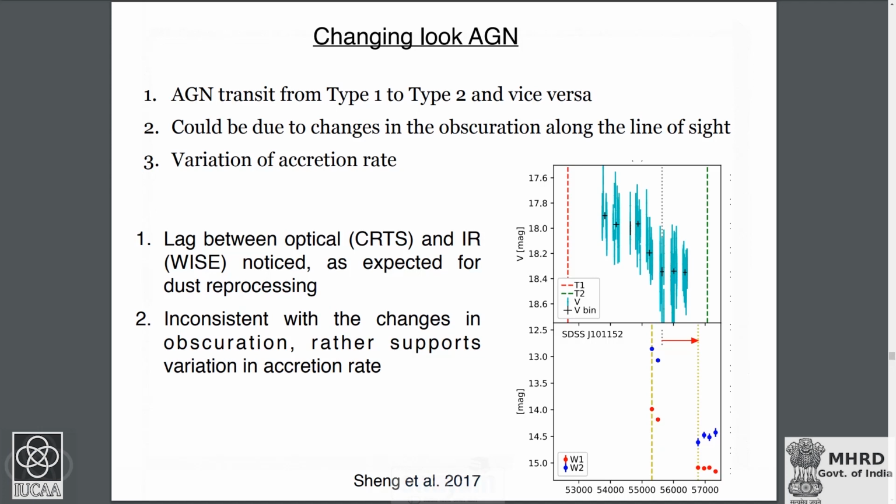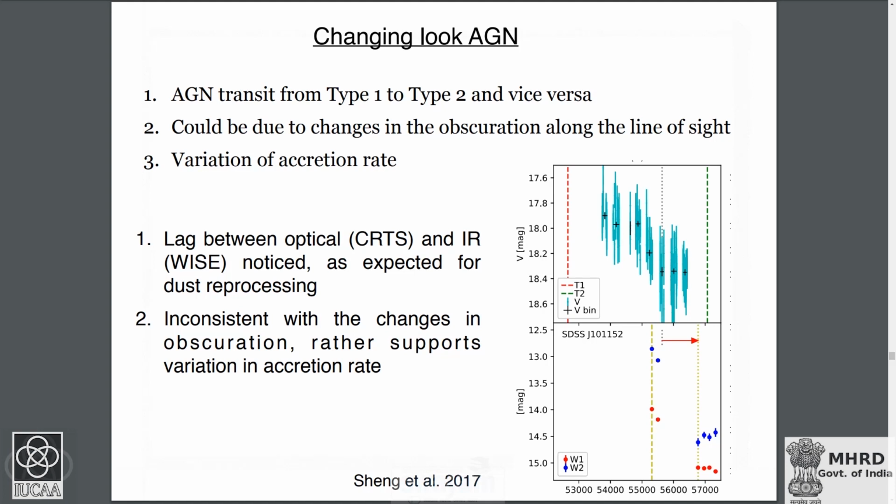Yet another area where timing can play a major role is what is called the changing look AGN. This is a relatively new field where people find that AGN can transit from type 1 source to a type 2 source. Type 1 source means, I repeat, similar to Seyfert 1 galaxies, they have both broad lines and narrow lines in the spectrum.